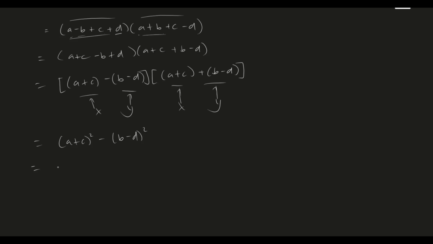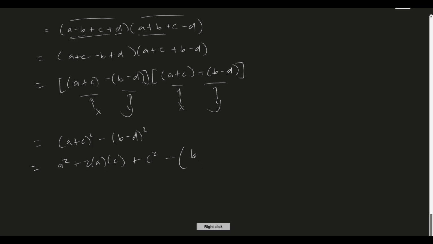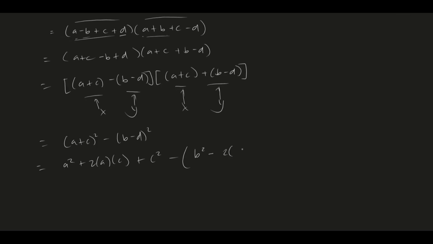So let's now expand. So we have a squared plus 2 times a times c plus c squared minus the quantity of b squared plus 2 times b, then negative d, it's going to be in a bracket form, plus negative d squared.